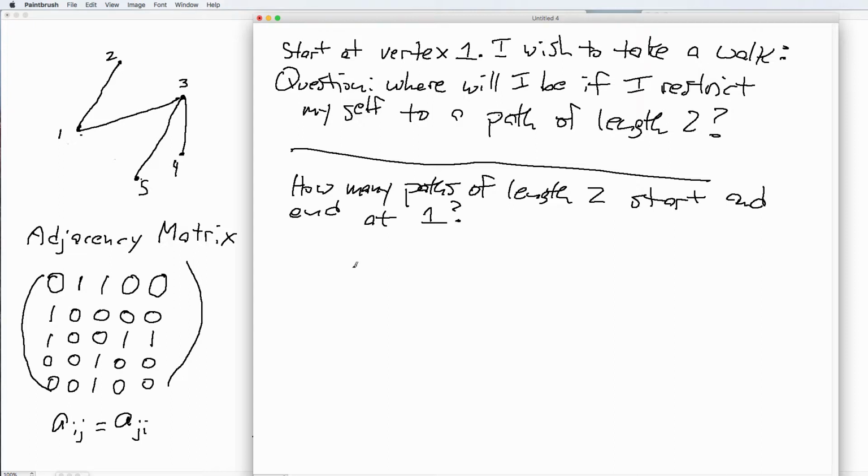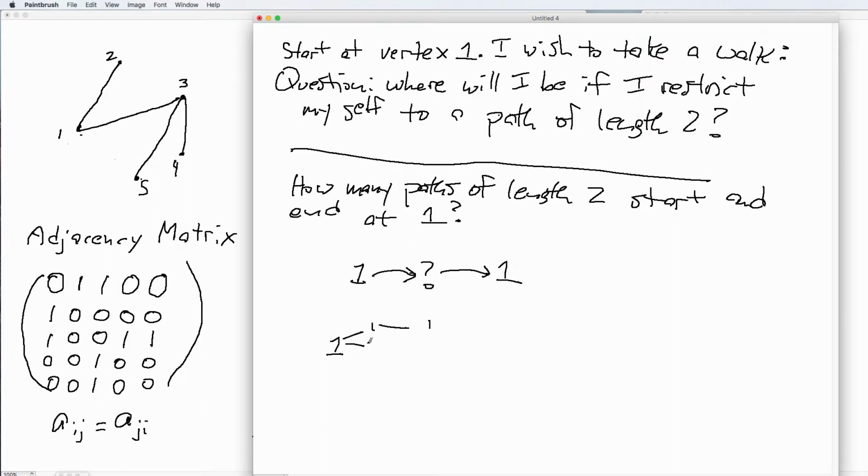That means that I start at vertex 1, I go somewhere, and then I come back to 1. Okay? This is a 1. That's a 1. So basically what that's saying is I could go from 1 to 1 and back to 1.